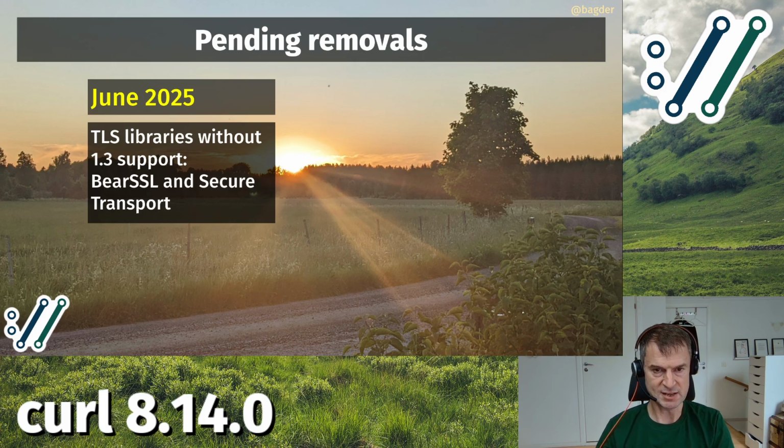They're called BearSSL and Secure Transport. We will remove support completely, because they don't support TLS 1.3, and they are dead ends. And we're going to help users to do better TLS, and we will remove complexity internally. Just make our lives easier by cutting out the support for them. That's a negative 5,000 line patch pending to get merged.